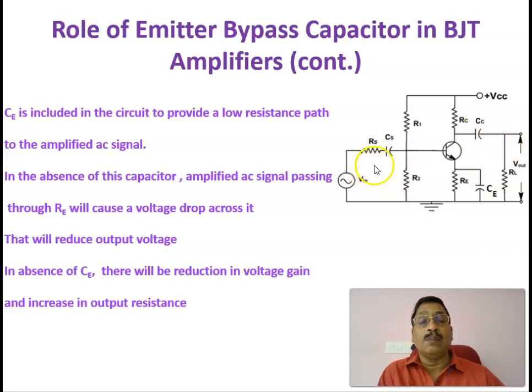Here also it couples only the AC of the input signal and blocks the DC signal. And this capacitor is to bypass the emitter current. The AC current flows through it, so this drop gets reduced, and the reduction in voltage gain due to the negative feedback gets reduced. Therefore, these are the functions of these capacitors in a common emitter BJT amplifier.